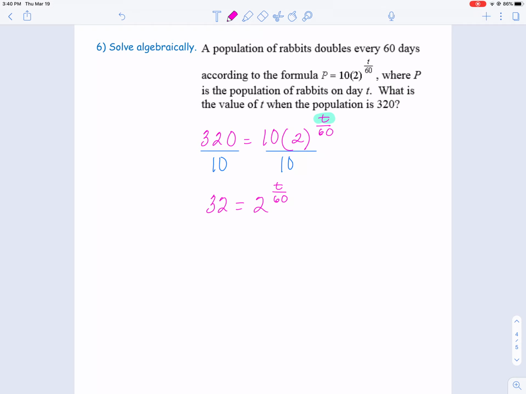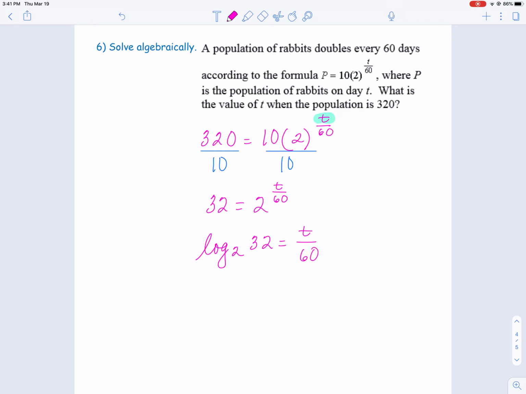You have this exponent of t over 60. You don't want that, so we're going to rewrite this in log form. Remember that a log is an exponent and the bases don't change. So think about it. What's the base? 2. Log base 2 of 32 equals that exponent t over 60.